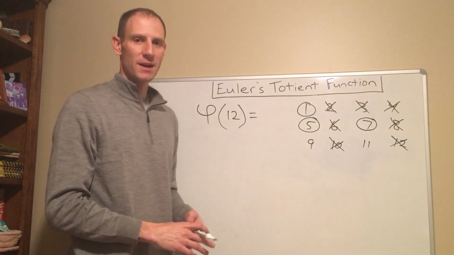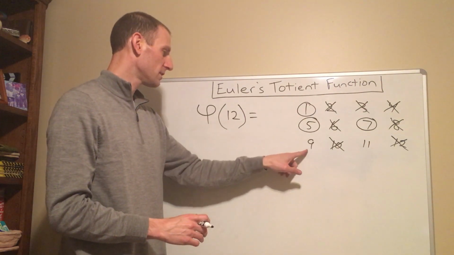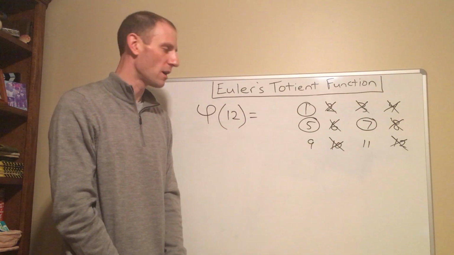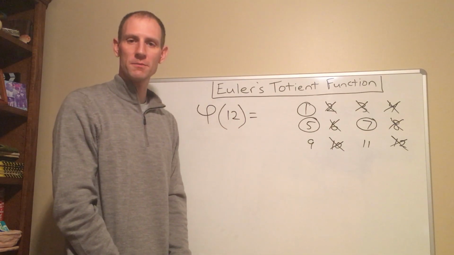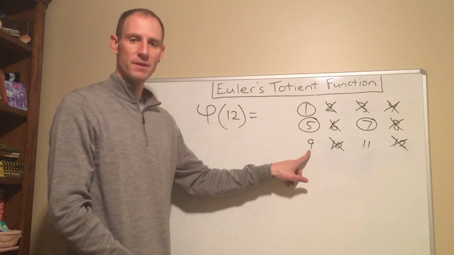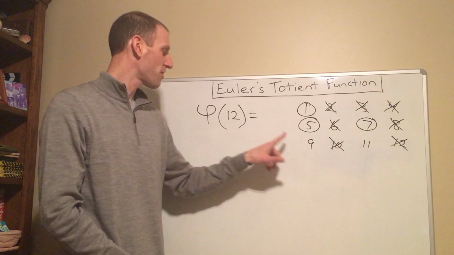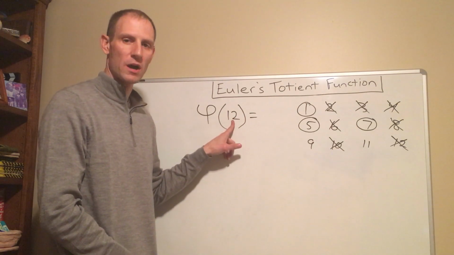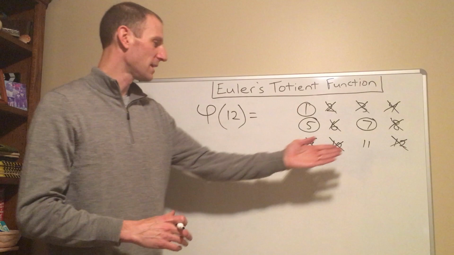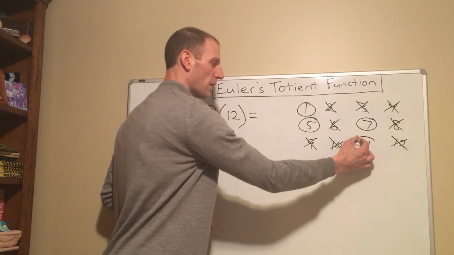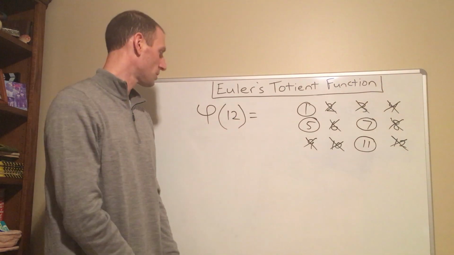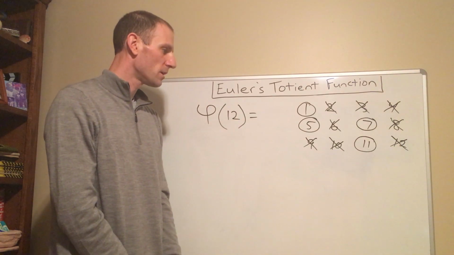When you look at the number 9, at first you might think 9 doesn't fit into 12, so you might think that they are co-prime. But when you think about it a little more, you'll realize that 3 is a factor of 9, and 3 is also a factor of 12, so they are not co-prime. And 11 is co-prime with 12, because 11 is prime.